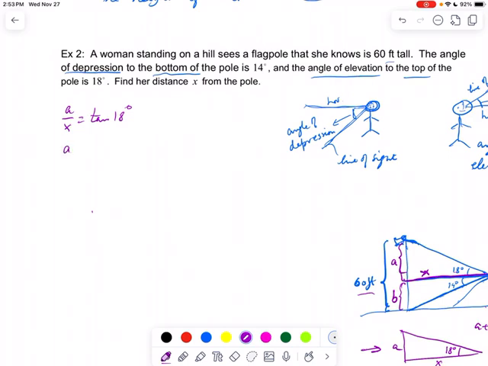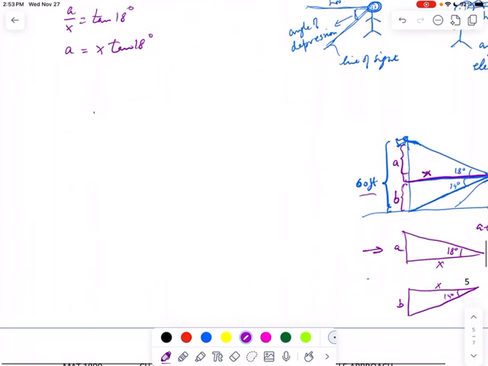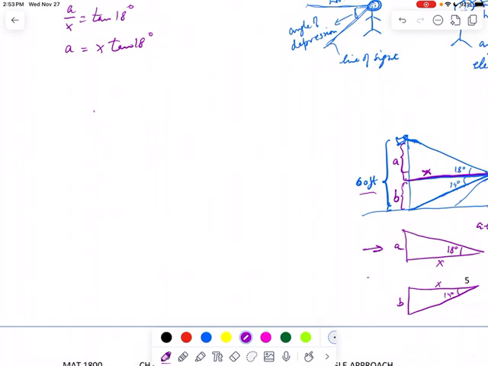So that A is equal to x times tangent of 18 degrees. Okay. Now looking at triangle B, this second triangle, we have B over x is equal to tangent of 14 degrees. So that B is equal to x times tangent of 14.